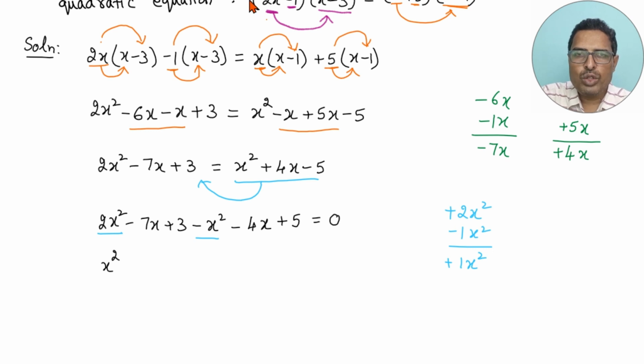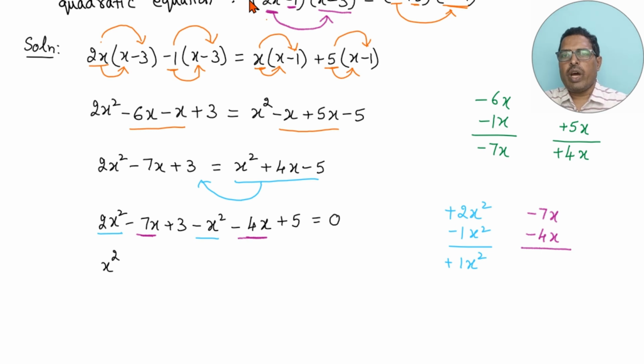Now let us move on to minus 7x and minus 4x. Let us try to add these. Whenever you have both positive or both negative, you just add the values. Since both are negative over here, we will just add them. 7 plus 4 will be how much?